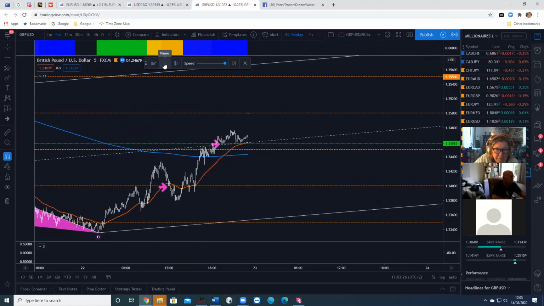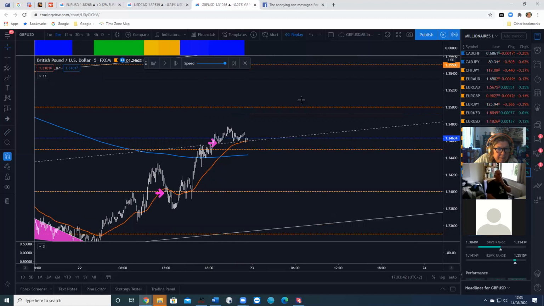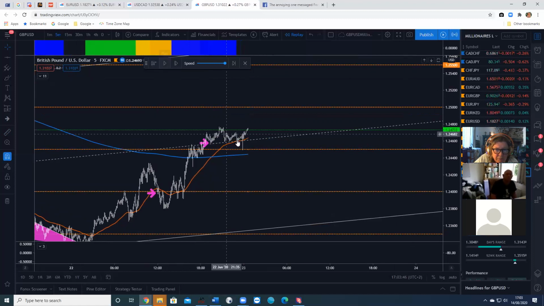Comes back down, respects the 62 and the pitchfork, but look at this price trap going on. How many pips was that from there to there? 18, just about your 20. Remember, I'm on the 5-minute. Carries on, touches quarter theory.